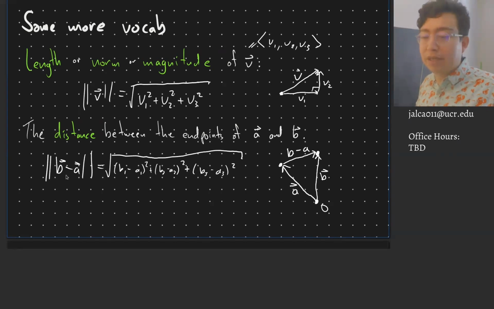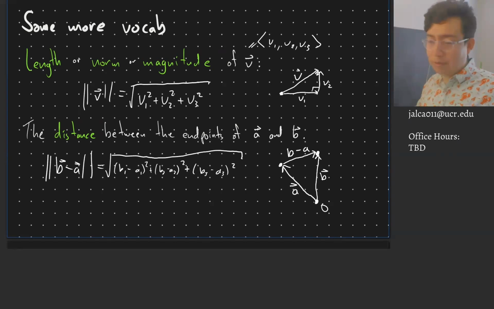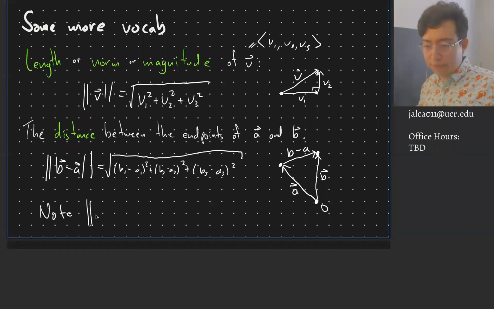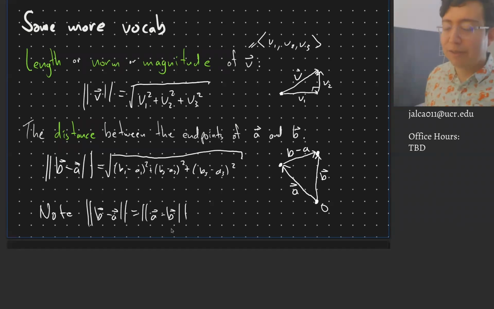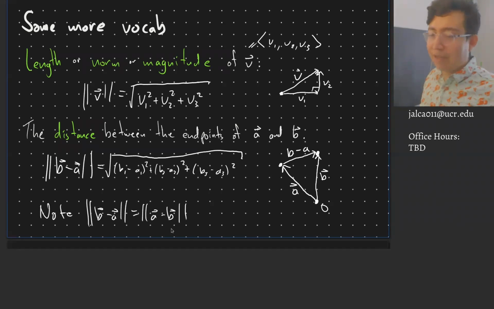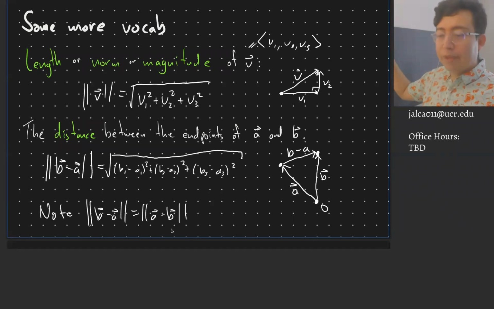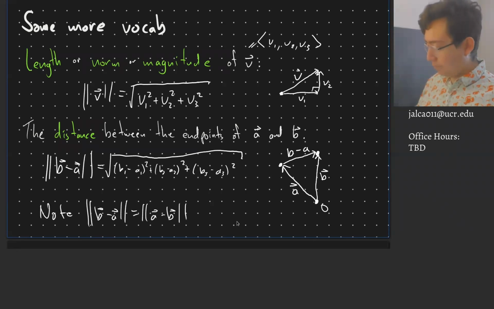So maybe I'll make this a note that the norm of B minus A is equal to the norm of A minus B. B minus A is not necessarily the same as A minus B, but they differ by a minus sign, and so by taking the norm, the minus sign goes away. Cool. Any questions?